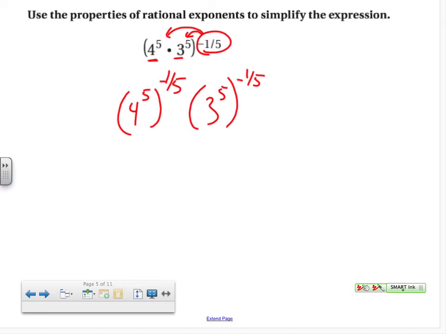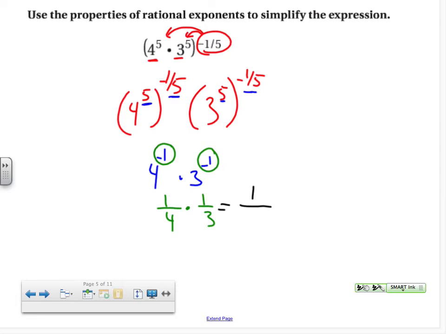Okay, so now we've got a power to a power. We'll multiply those. 5 times negative 1/5 is negative 1. 5 times negative 1/5 is still negative 1. Now remember, negative exponents convert to fractions. So this is 1/4 times 1/3. And when you multiply fractions, you go across the top, you get 1, across the bottom, you get 12.